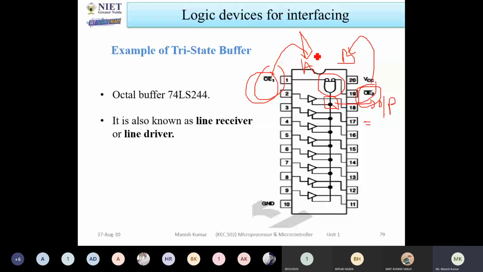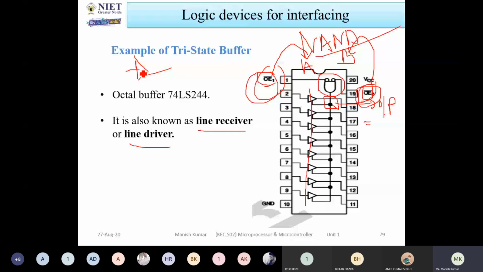So whenever it is active low signals, you use a NOR gate. Now with the help of OE1 and OE2 pins, we are controlling all these buffers. So this is also called line receivers or line drivers. We are not going to use a single buffer always. We are using combinations of buffers so that you can get less space.